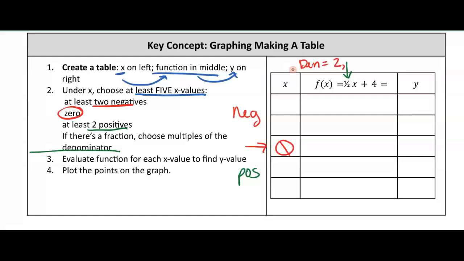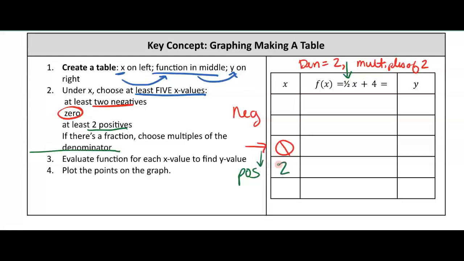Okay, since my denominator is 2, I want to choose multiples of 2. And the easiest multiple of 2 is 2. It's 2 times 1. So we'll go in the positive direction first, and we usually go down for positive. 0, 2.